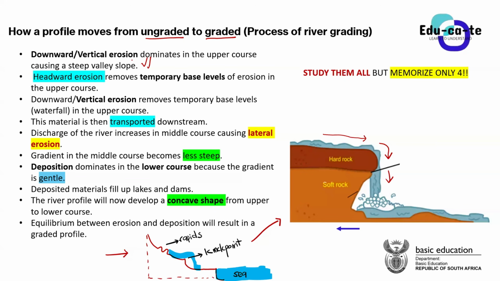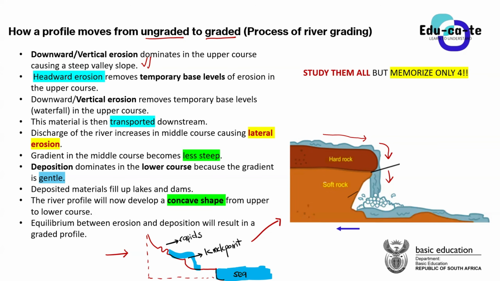Remember, downward erosion causes the valleys to become steeper and deeper. In fact, the shape of the valleys in the upper course is V-shaped. So here, there is a lot of vertical erosion happening at the upper course that actually causes a steep valley slope.